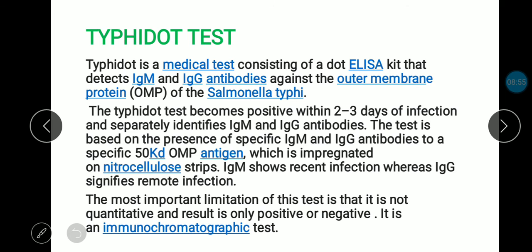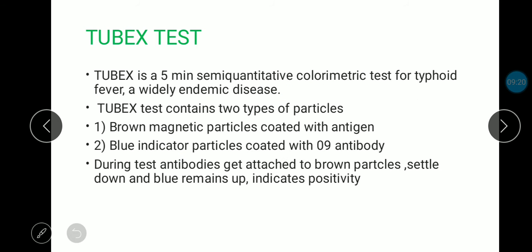The most important limitation of this test is that it is not quantitative and results only positive or negative. It is an immunochromatographic test. Each analysis, Typhidot test or Vidal test, has its own limitations as well as advantages.